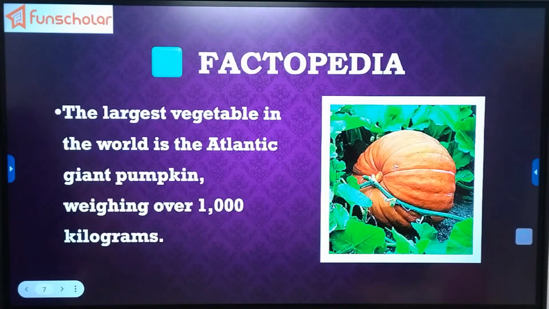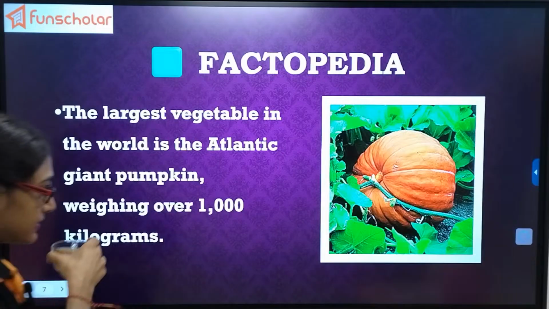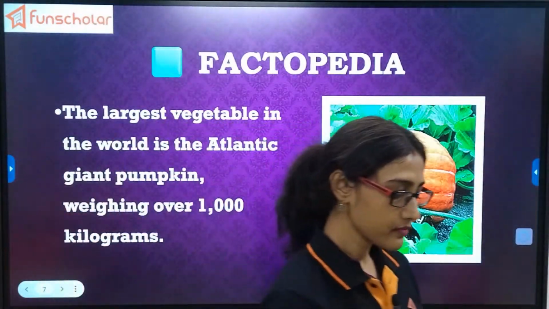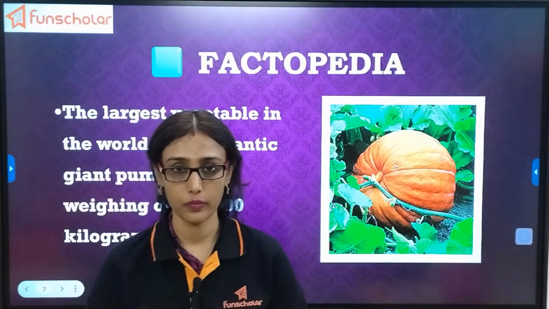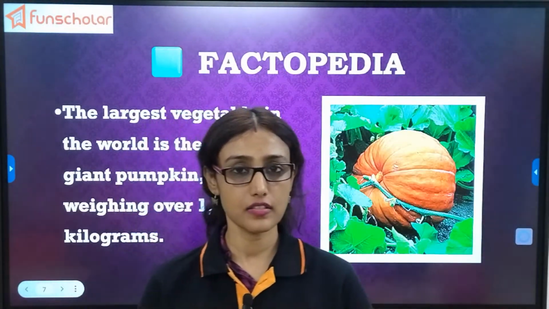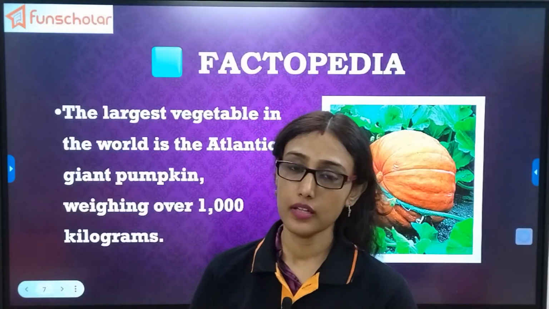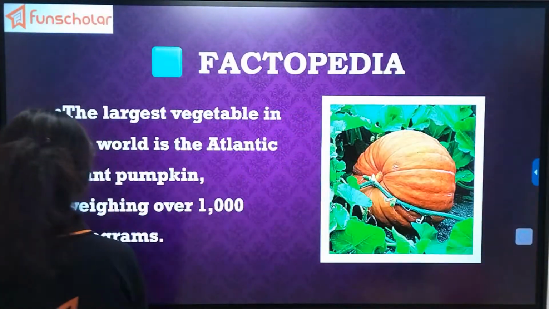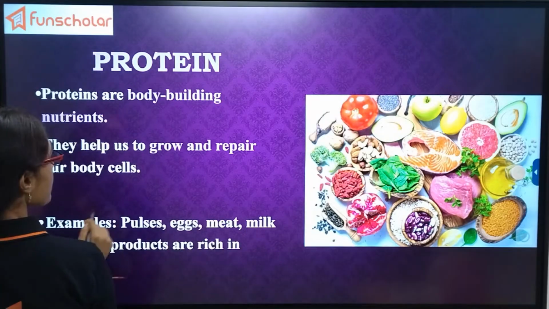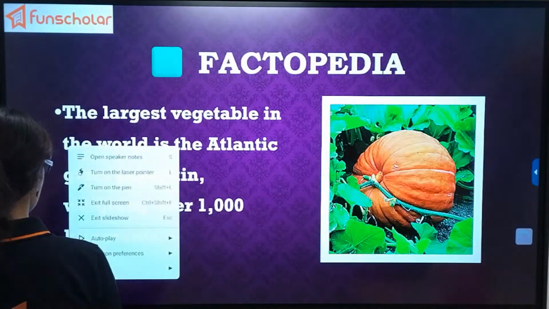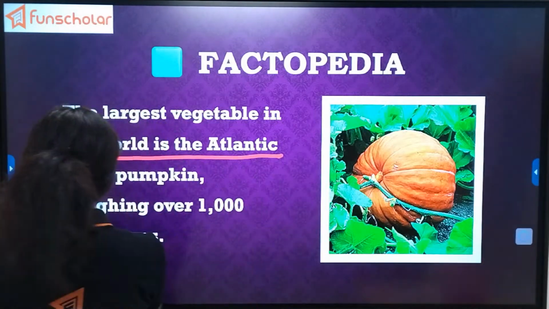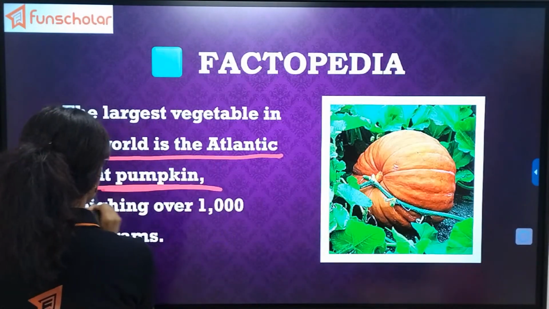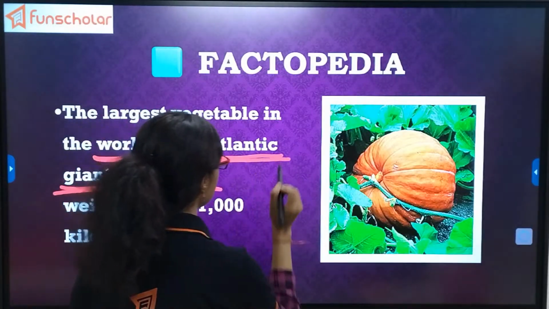Okay, now there is Factopedia. Factopedia is something that gives you information, something which you did not know. Do you know what is the largest vegetable of the world? The largest vegetable of the world is Atlantic giant pumpkin. Please note down the name.